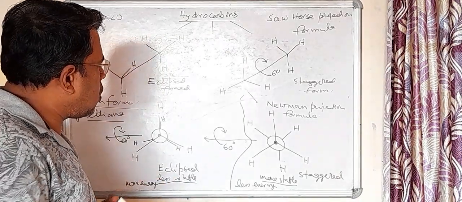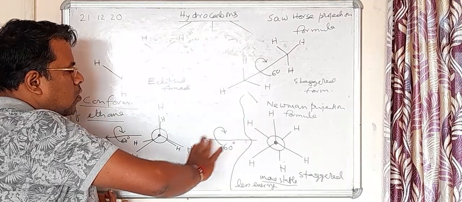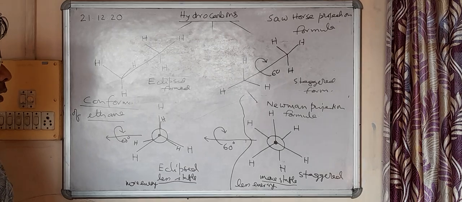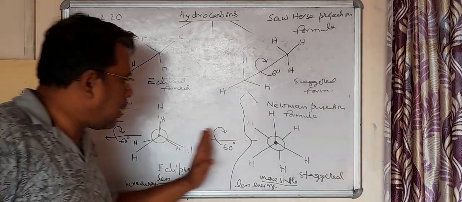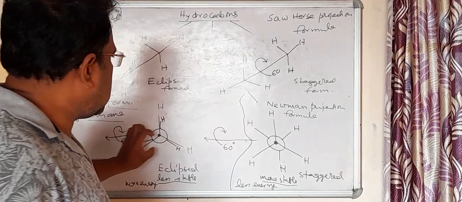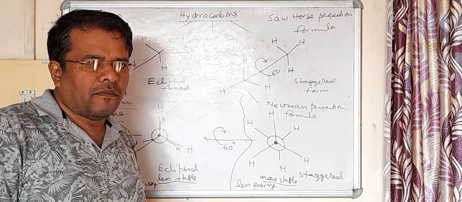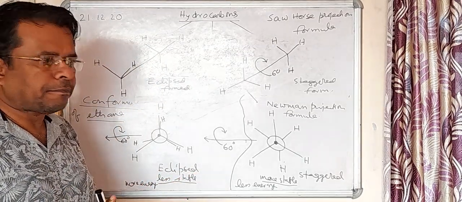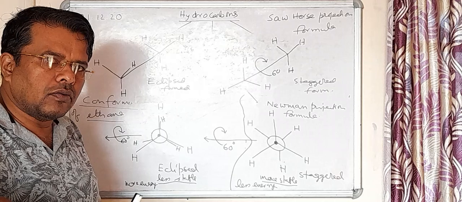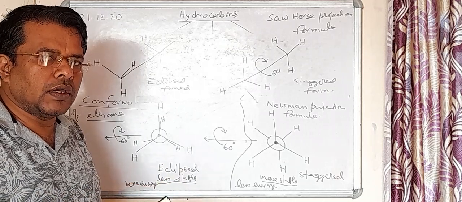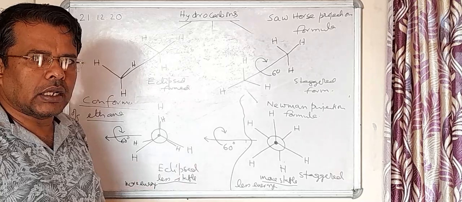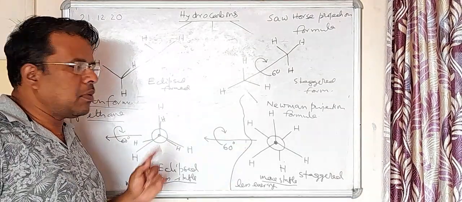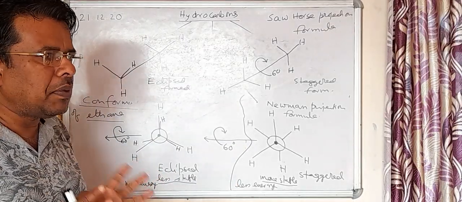So that's why this conversion occurs automatically, and it is very rapid, and that is the reason why we cannot separate these different forms of ethane. Suppose we have ethane in a container. The ethane molecules inside will keep on changing always from one form to another, and since the energy difference between them is very small, we won't be able to separate them.